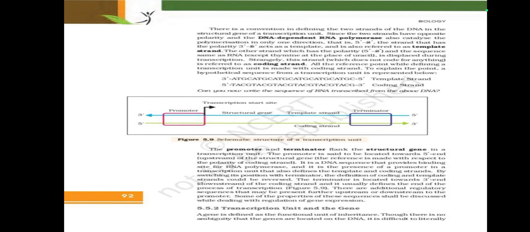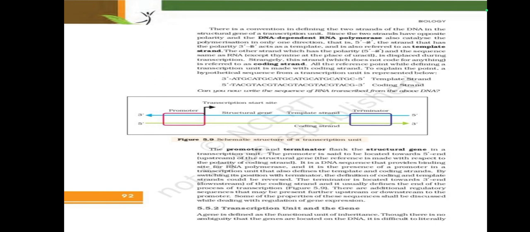The other strand, which has the polarity 5 prime to 3 prime and the sequence same as RNA except thymine at the place of uracil, is displaced during transcription. Strangely, this strand which does not code for anything is referred to as the coding strand.